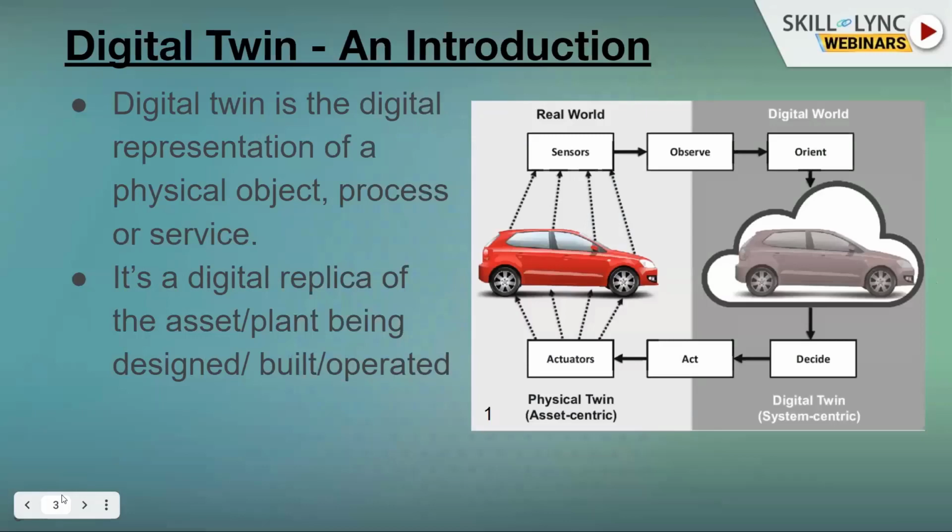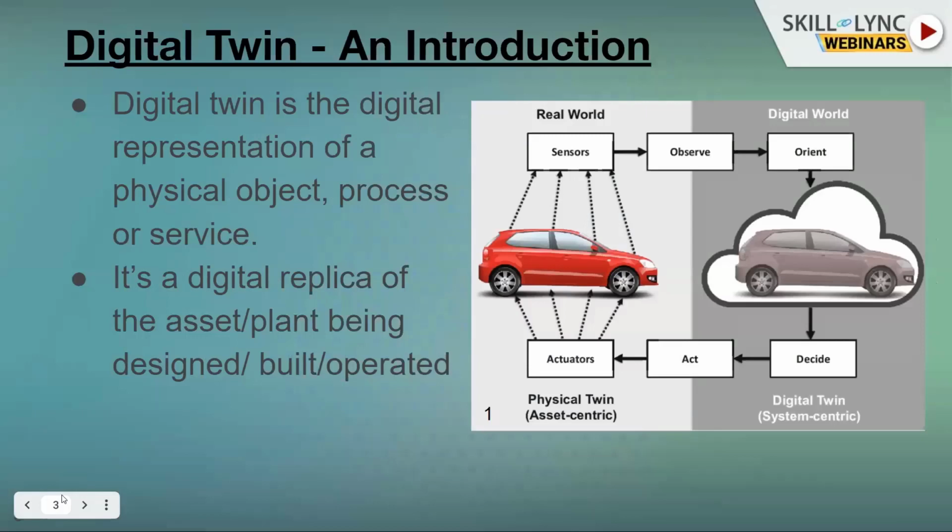So it is basically a digital replica of an asset or a plant, which is being designed, built, or operated. The car that we just took is an example of an asset being operated. So this is what a digital twin is.